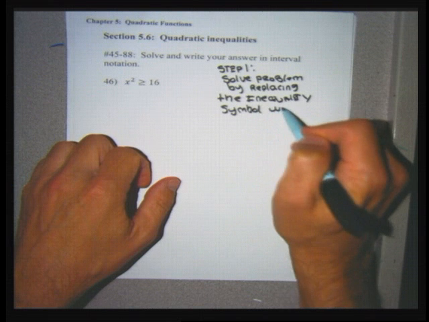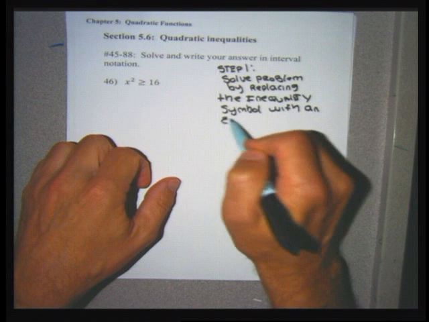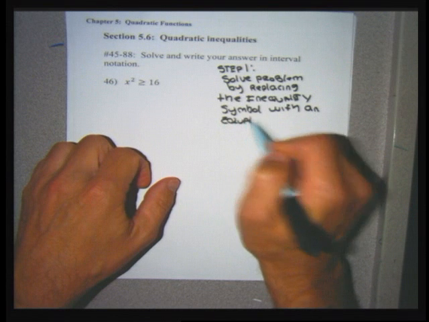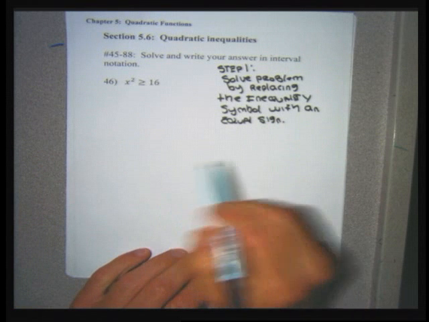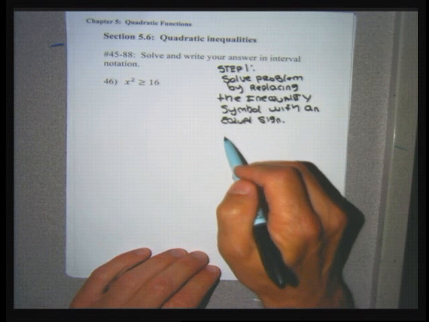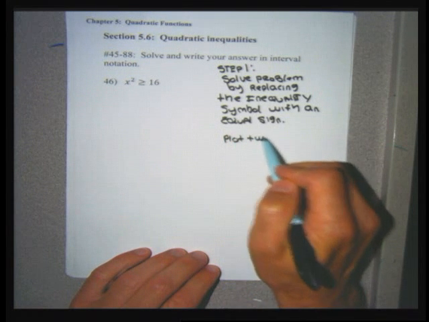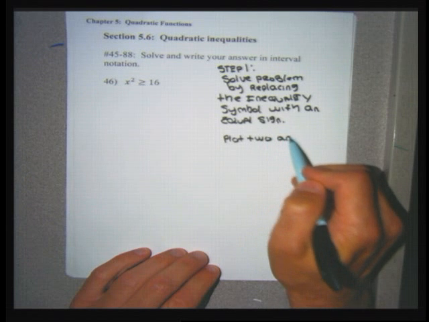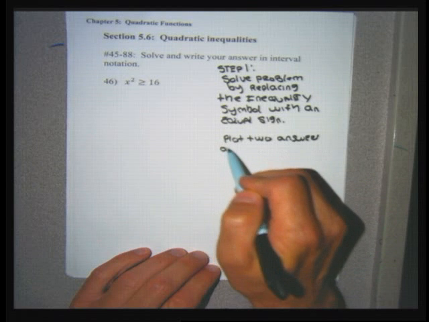With an equal sign. And we did a lot of these in the first half. After I do that, I solve the problem. I'm going to plot the two answers on a number line.